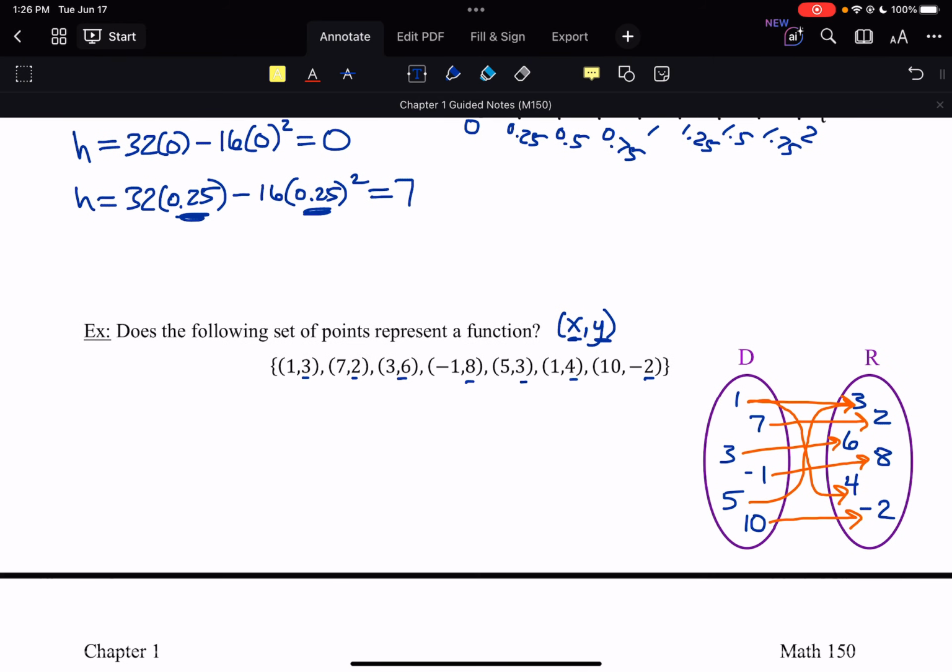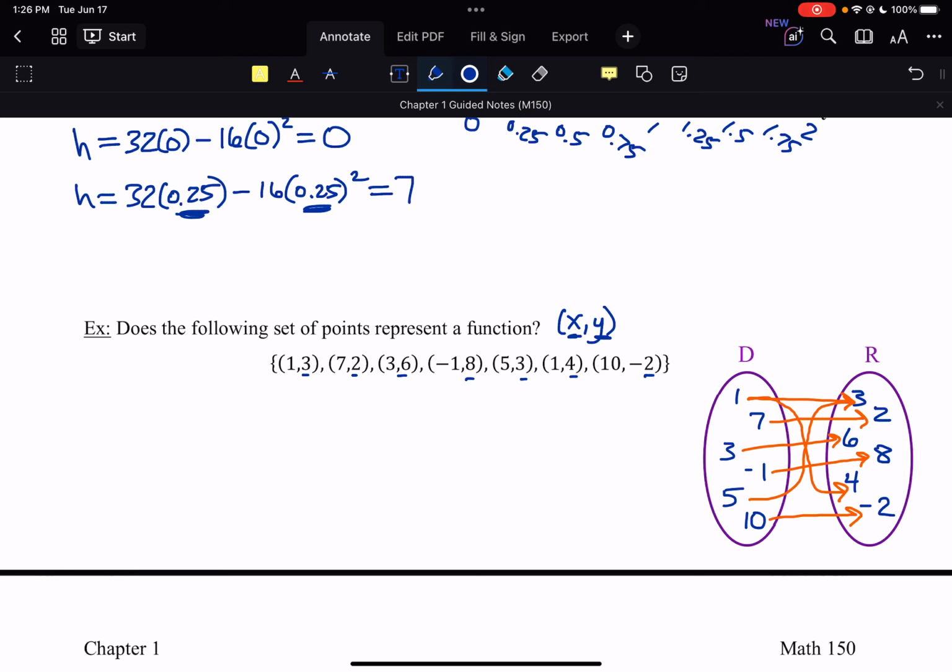So when we look at the results, the first thing that I notice is this value of 1. It goes to 3, and it also comes down here and goes to 4. Right? 1 gets paired up with 3, but 1 also gets paired up with 4. This means that we have one input that has 2 different outputs for it. And that relationship means that this cannot possibly be a function.